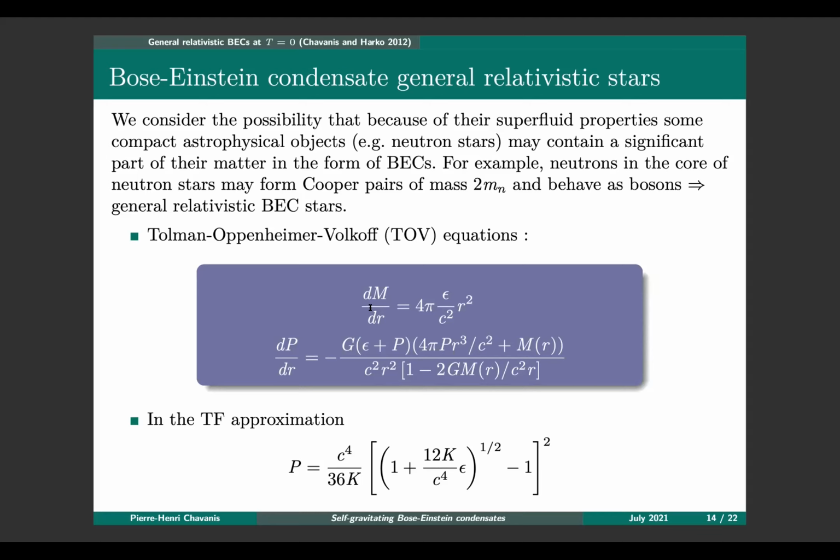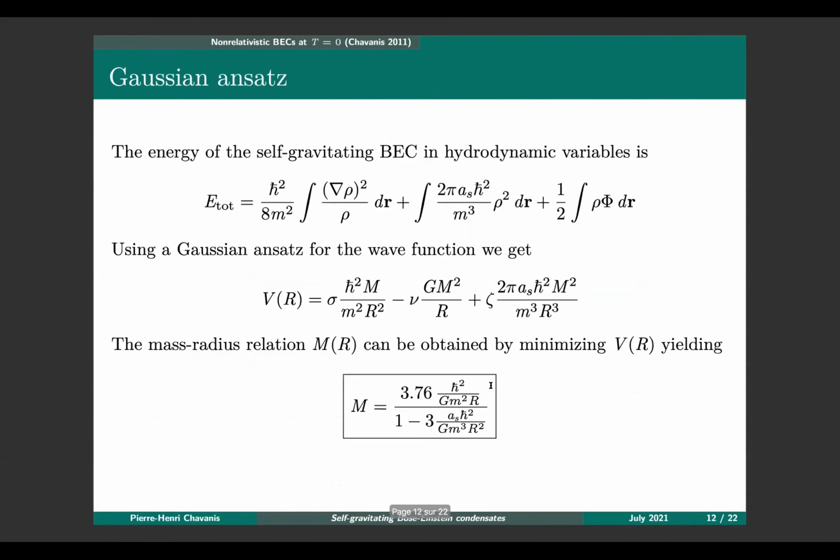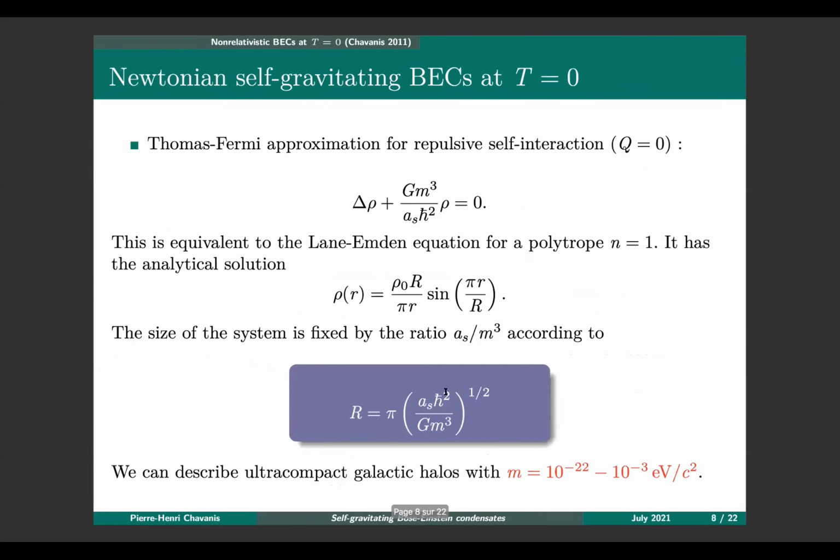We can solve this equation and plot the mass-radius relationship. For small values of the mass, we are in the Newtonian regime, and we recover for small mass the constant radius that I showed previously here.